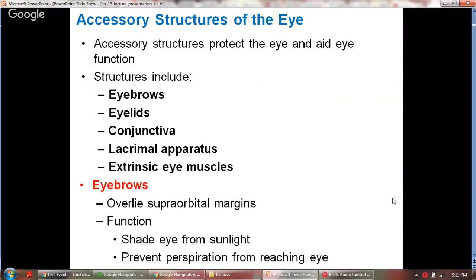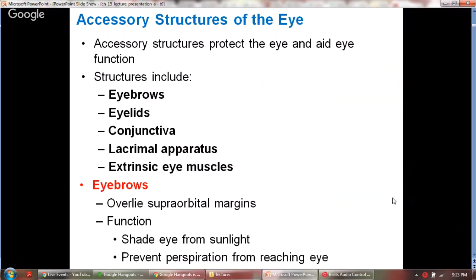The accessory structures of the eye include the eyebrows, eyelids, conjunctiva, lacrimal apparatus, and the extrinsic eye muscles. The accessory structures protect the eye and aid the eye's functions.